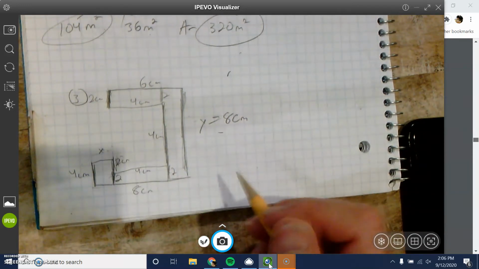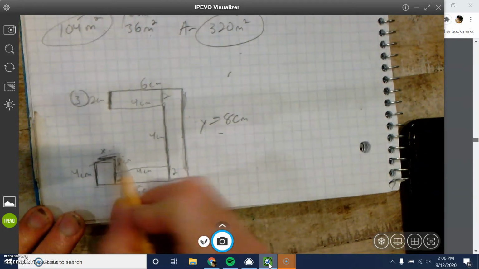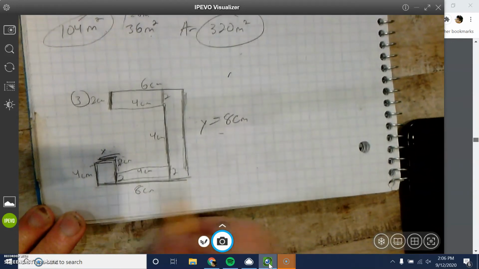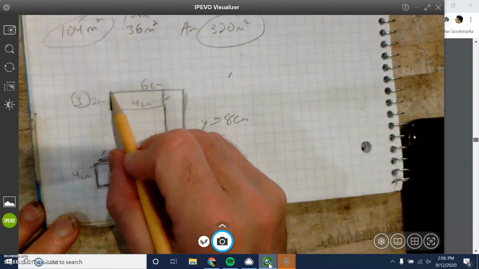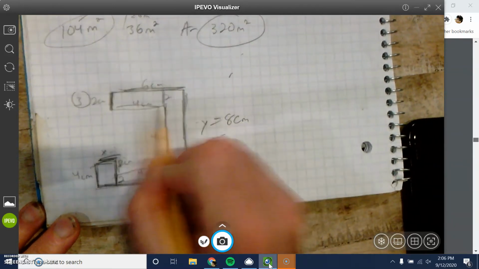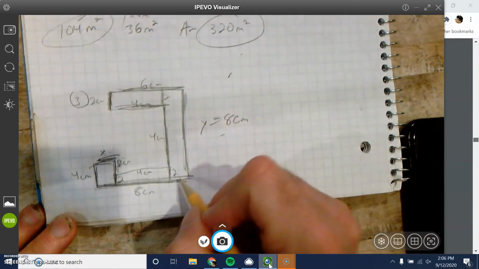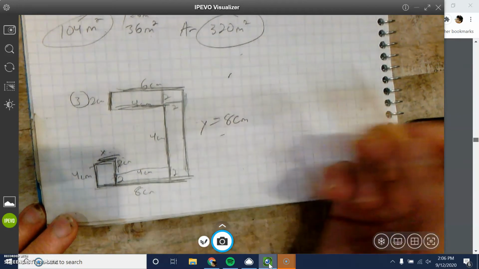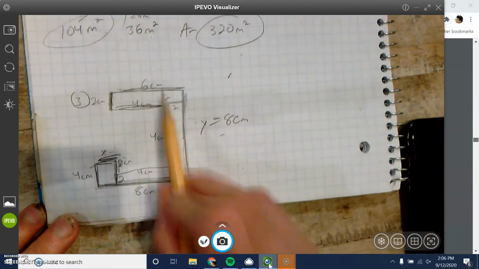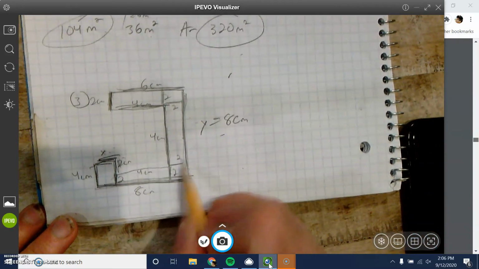Got it. Okay, now I need this unknown right here. What is this going to be? I don't know. Well, let's look for the parallel sides. If this is 8 here, I know that this is 6. This is 4. So this is going to be 2. Let's keep marking up, mark up everything. So 4 plus 2, so this part is 2.